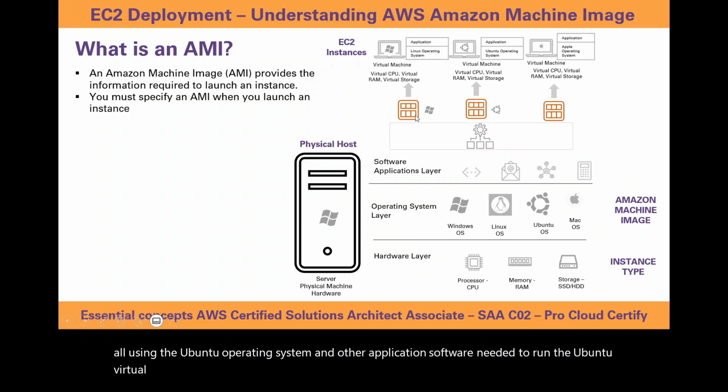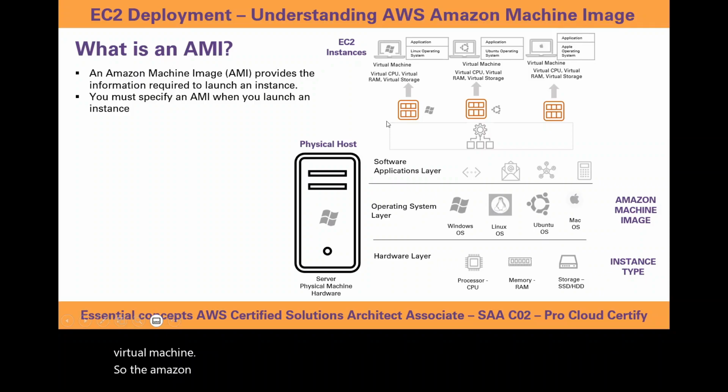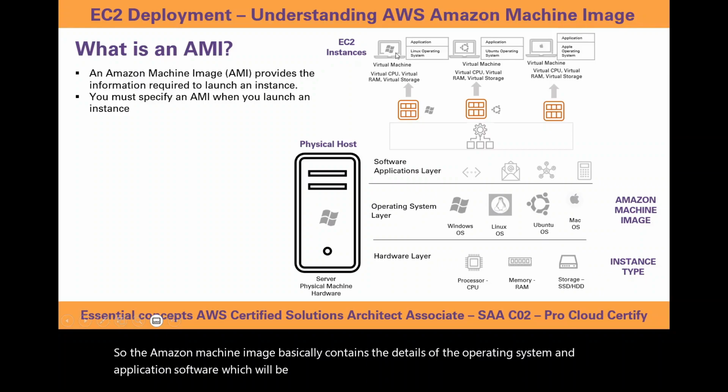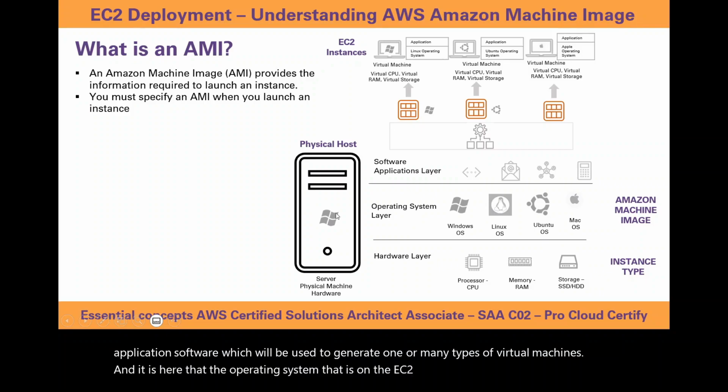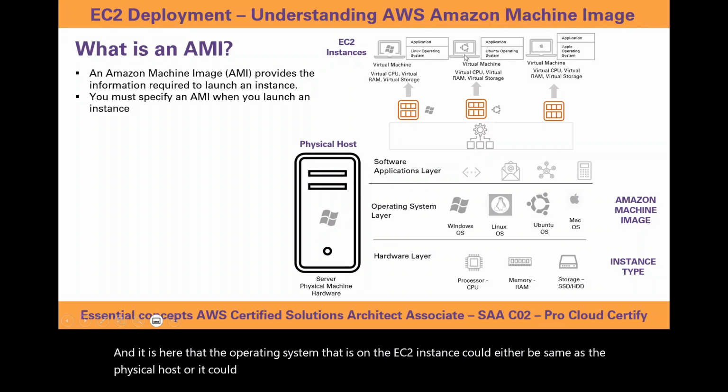So the Amazon Machine Image basically contains the details of the operating system and application software which will be used to generate one or many types of virtual machines. And it is here that the operating system on the EC2 instance could either be the same as the physical host, or it could be distinct from the physical host.